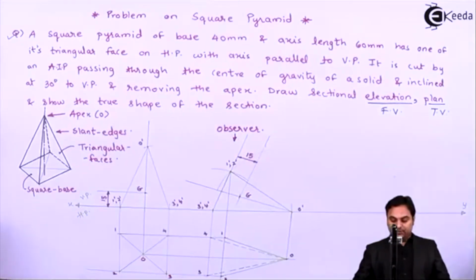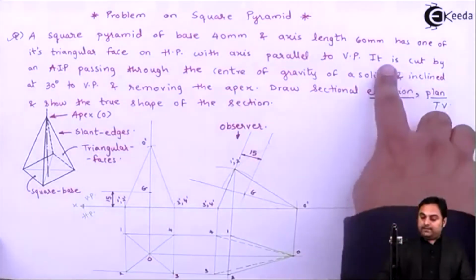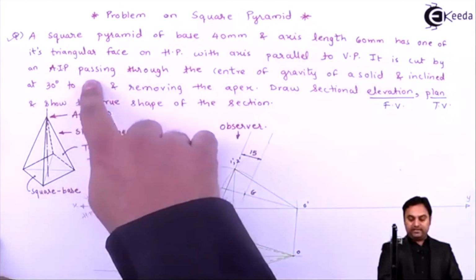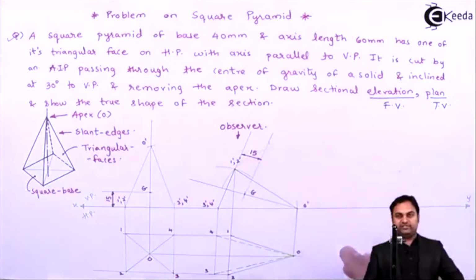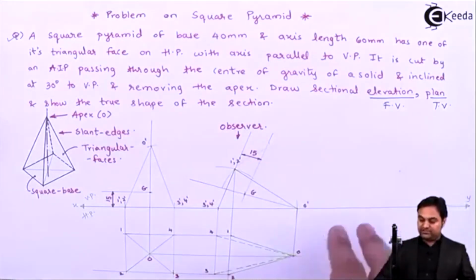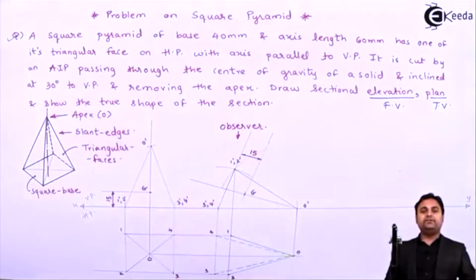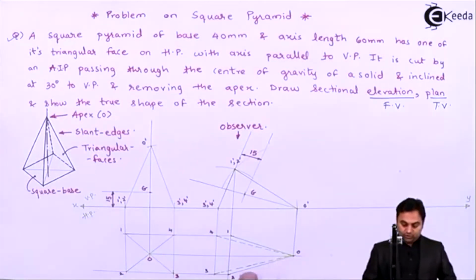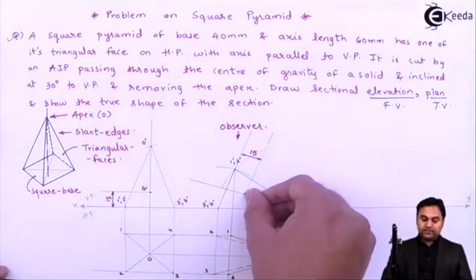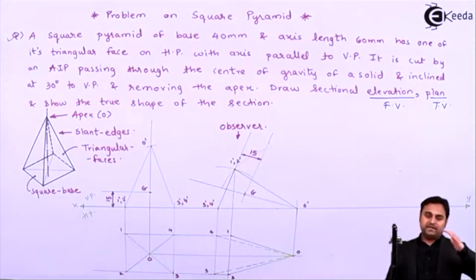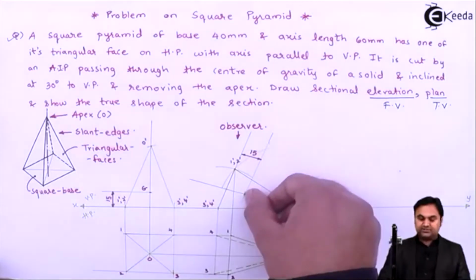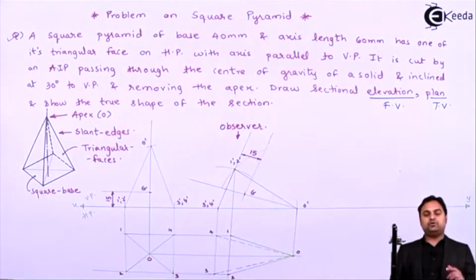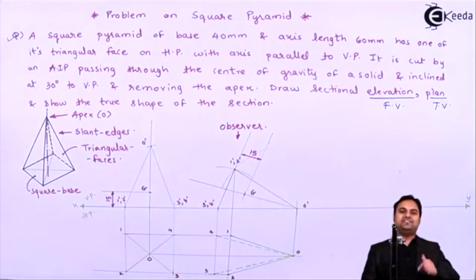Now, it is given that it is cut by an AIP, auxiliary inclined plane, passing through the center of gravity, that is CG, of a solid which is a square pyramid. We have marked the CG and inclined at 30 degree to VP. Inclination with VP will be seen in HP. So here I need to project this CG because the cutting plane is passing through the CG inclined at 30 degree. So first CG needs to be projected in HP because inclination with VP will be seen in HP.